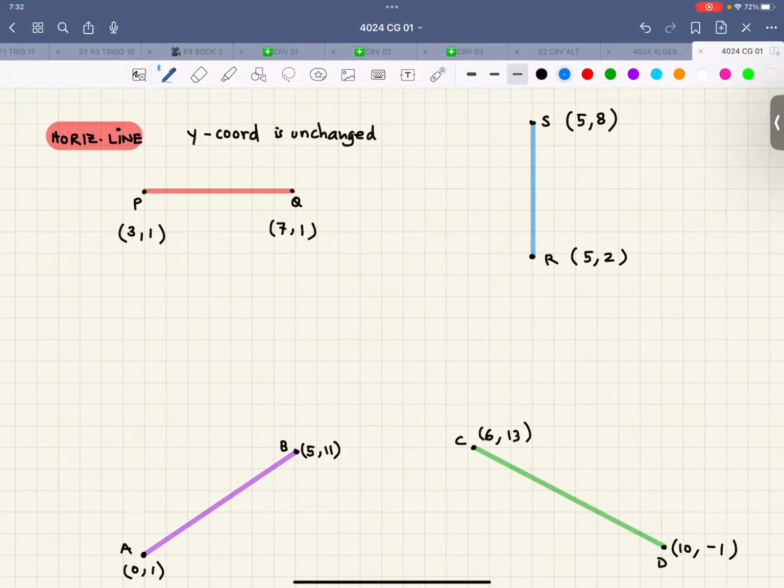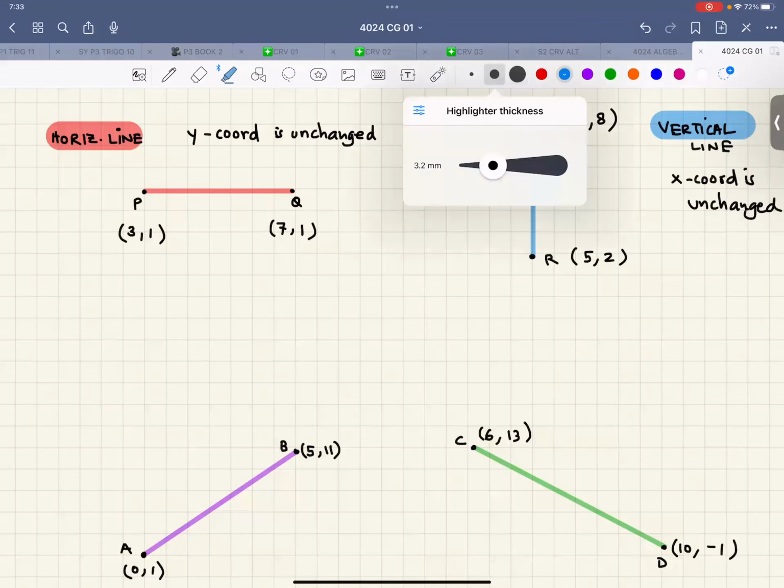If I look at the blue line, what do I observe? This blue line is a vertical line. So in a vertical line, the x coordinate is unchanged. So these are two very crucial observations that I've made.